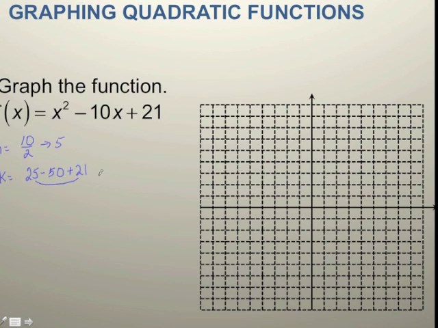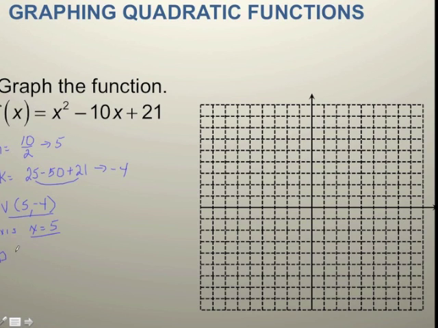These two positives will be 46, and negative 50 will lead to negative 4. So the vertex is at (5, negative 4). The axis of symmetry will be x equals 5, always an equation, always an ordered pair.